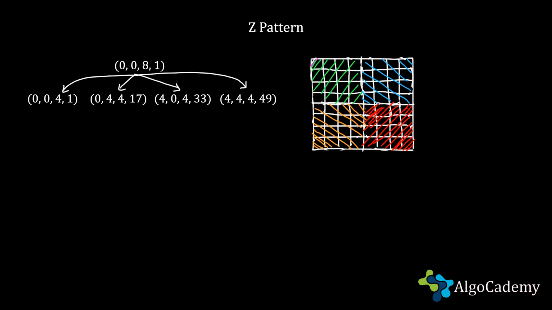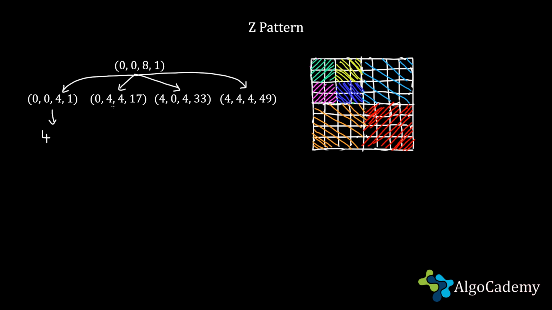Perfect. Then, for each of these 4 quadrants, guess what? The function gets called 4 more times for each and every one of them. Let's take only the green one and see what happens. From this function call, we have 4 more function calls, right? I'm not going to write the arguments because that's not the point here.